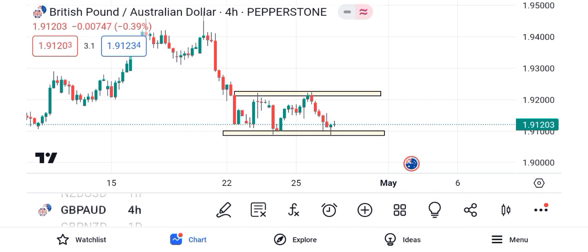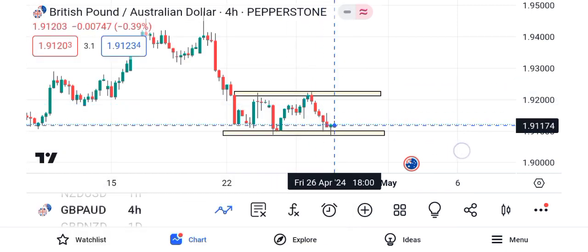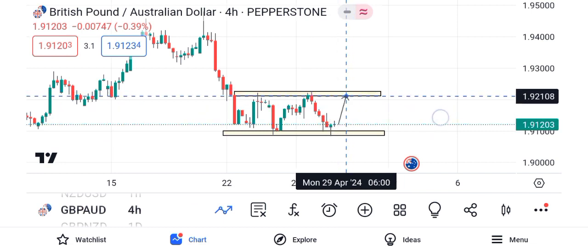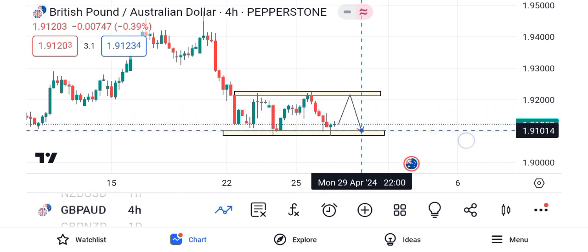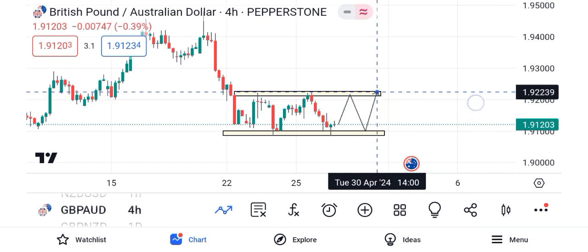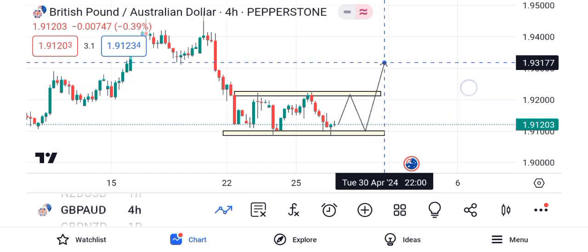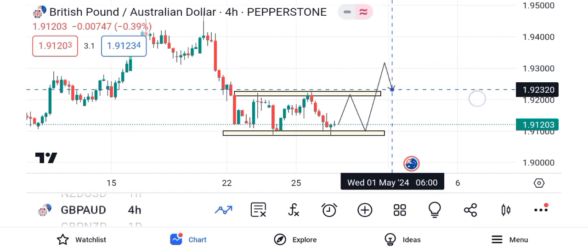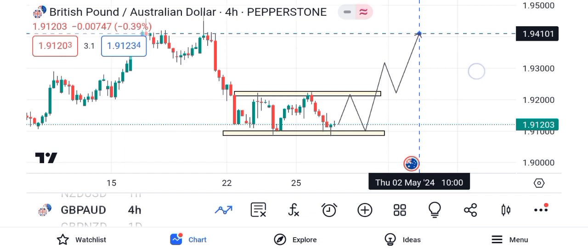When price gets to resistance, assuming price rises up and gets to this resistance, you can look for selling confirming candles and sell. And when price gets to support, you can look for buying confirming candles and buy. But I would rather encourage most of you, especially beginners, most of you are beginners, to wait for a breakout upward, then wait for the market to retest the key zone, then look for buying confirming candles and buy.